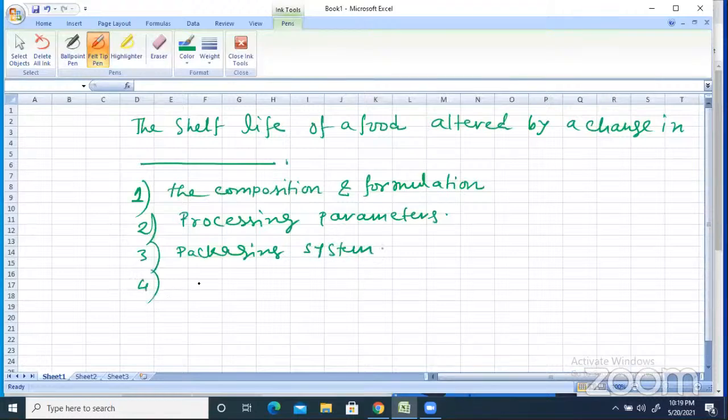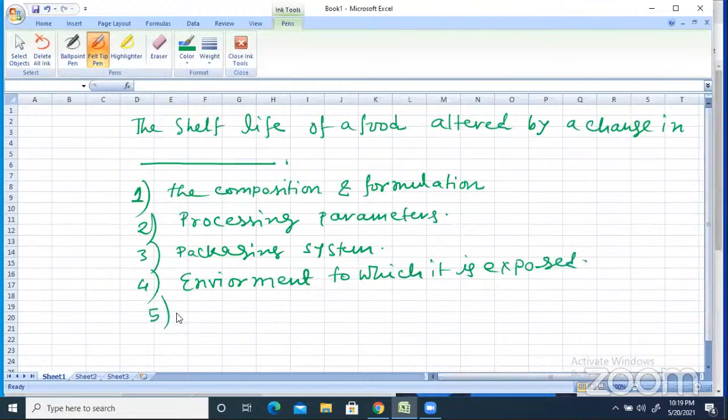Number four, environment to which it is exposed. And number five, another option, all.